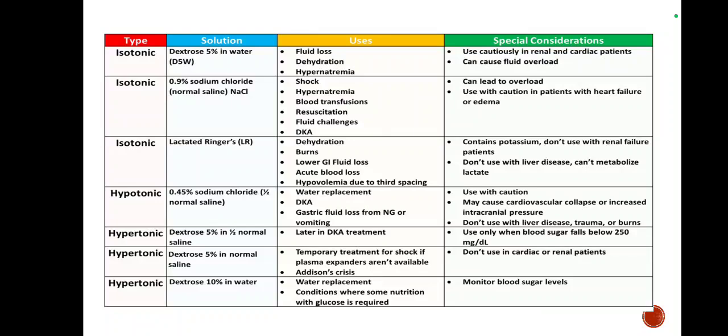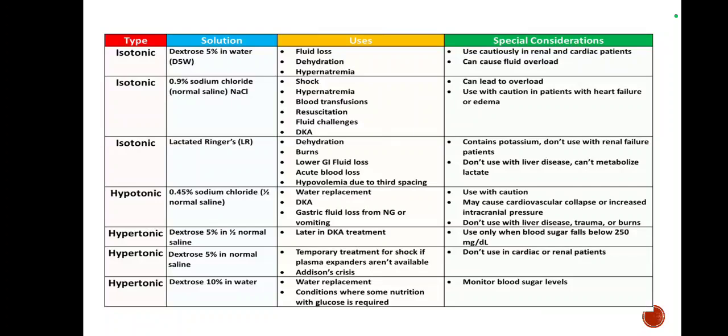We have dextrose 5% in water. We have 0.9% sodium chloride or normal saline solution. We have lactated Ringer's. We have 0.45% sodium chloride. We have dextrose 5% in 1/2 normal saline solution.